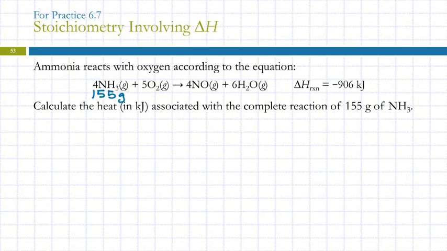We don't have moles of this to moles of something else. This number relates to each of these separately. So the minus 906 kilojoules is for 4 moles of ammonia. So I can convert any of these quantities in moles to heat directly. I don't have to go mole to mole.